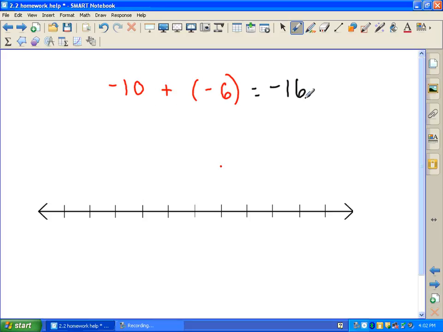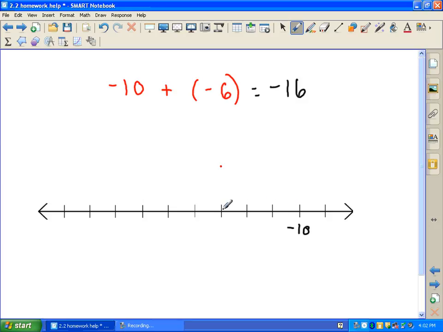You can see on a number line why that works. Let's say this here is negative 10 on my number line, and I was going to add a negative to it. Normally, adding means we'll be moving to the right on a number line, but since it's a negative, we're actually going to move to the left here. So we're starting at negative 10, but then we're moving left 6 places.